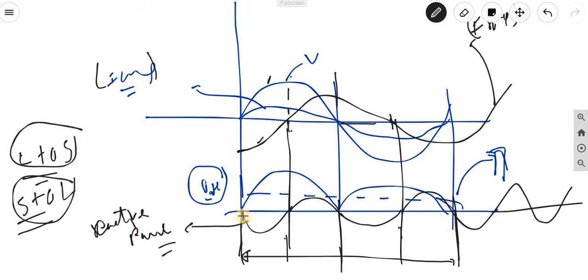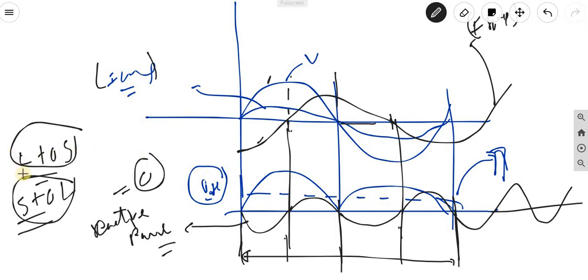For the reactive power, for one quarter cycle, it is load to source, power is flowing from load to source, and for the next quarter cycle, source to load. In such a case, if you find the average of the reactive power signal, you will get 0. Means power goes back and forth, back and forth.